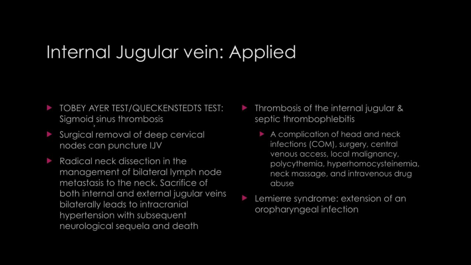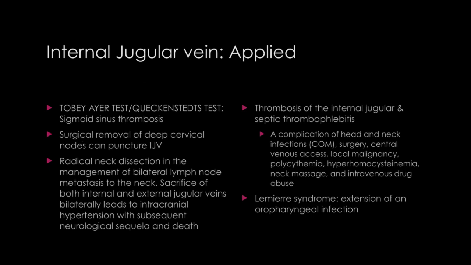So, in case there is sigmoid sinus thrombosis, occlusion of the internal jugular vein is not going to change anything, because it is already blocked above. So, if you are blocking it below, there will not be any increase in pressure. It may be normal, it will not increase. So in that case, the Tobey-Ayer test is considered to be positive, which may indicate a sigmoid sinus thrombosis.